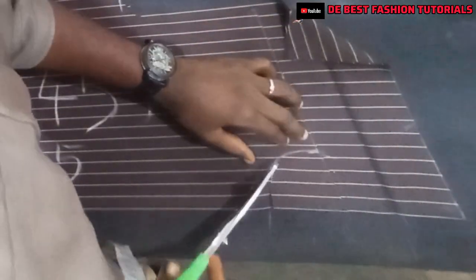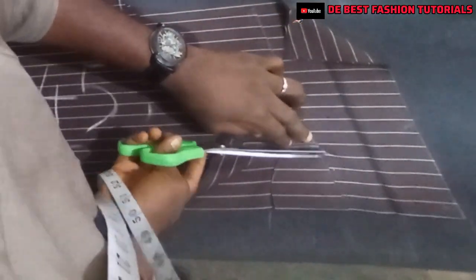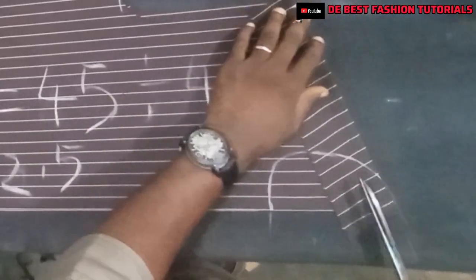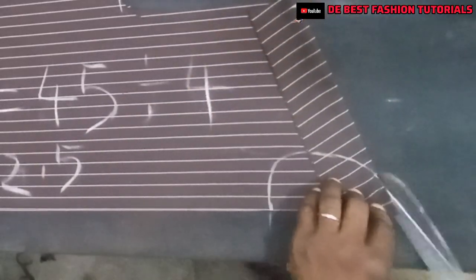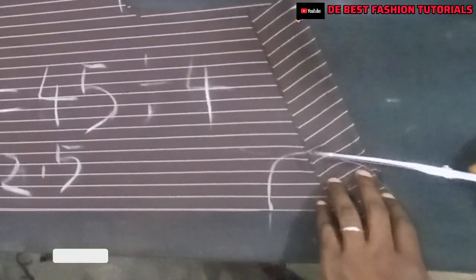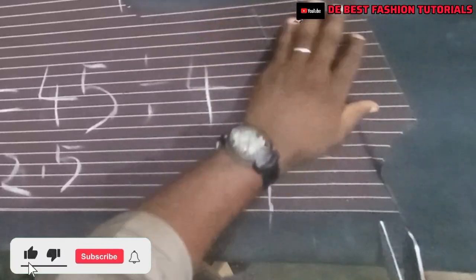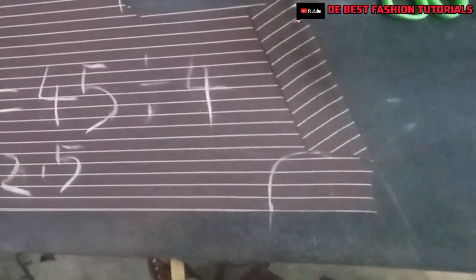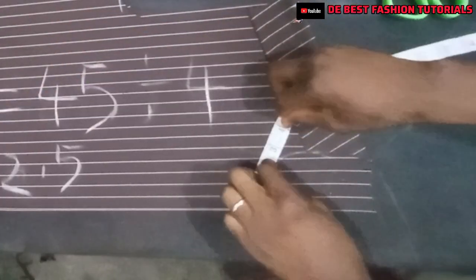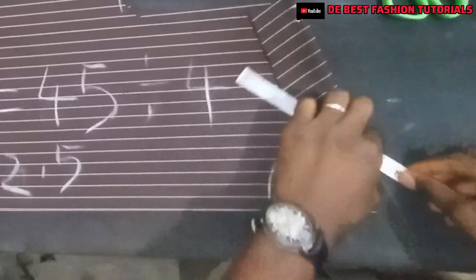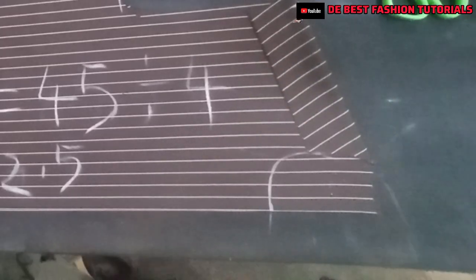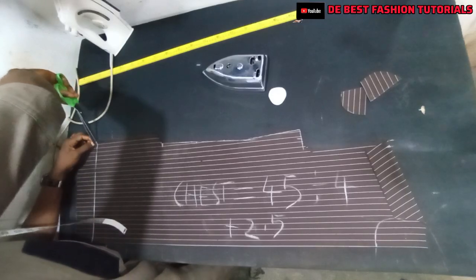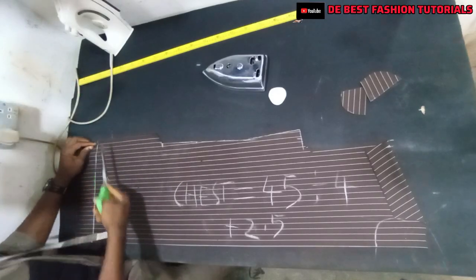You take out 2.5 inches, and then down you take out 4.5 or 5 inches. Then you try and measure your neck to know if your neck has come out. If it hasn't come out, you deepen it towards the front. Try and avoid working on your neck towards the shoulder part, so that your singlet or your customer's singlet will not be showing after you're done sewing.